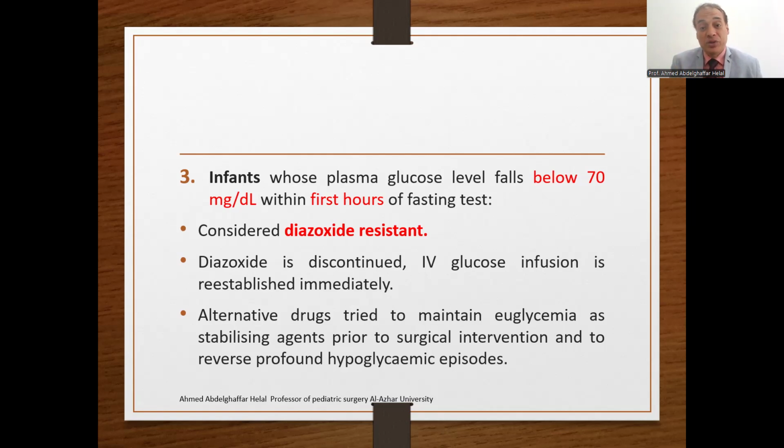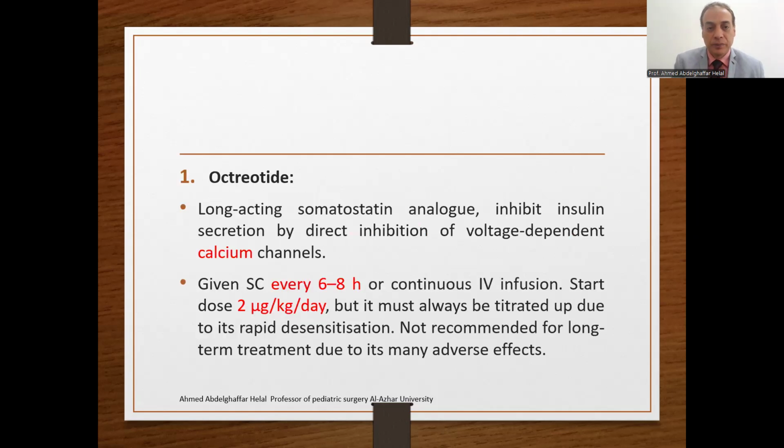Alternative drugs may be tried as a stabilizing agent prior to surgical intervention to reverse profound hypoglycemic episodes. So in diazoxide-resistant cases, we can try some other drug as a bridge, as a temporary measure before surgery.